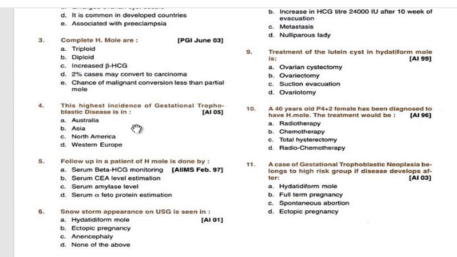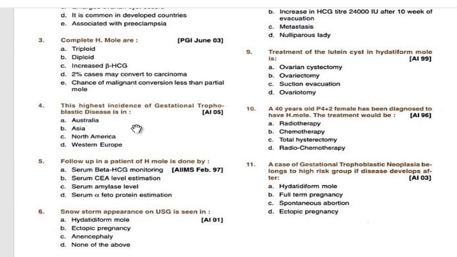And deficient proteins, folic acid and carotene is again a risk factor for developing hydatidiform mole. No one can deduce these logically, and these are the things they might ask you in exams.